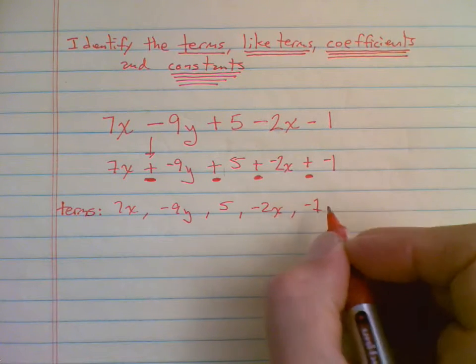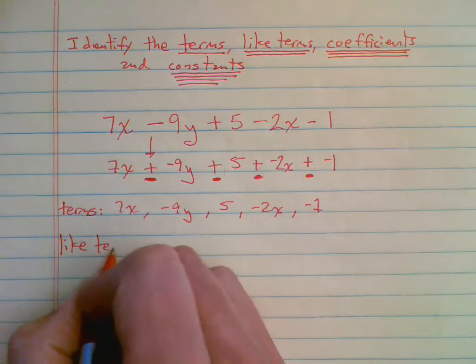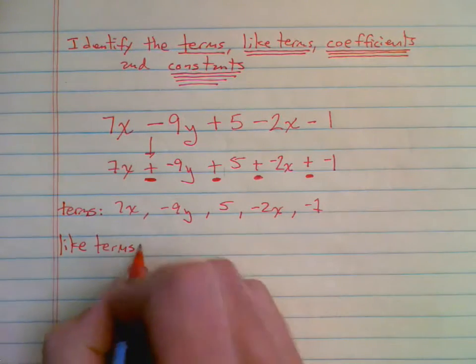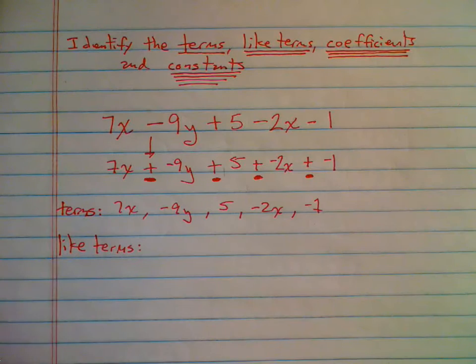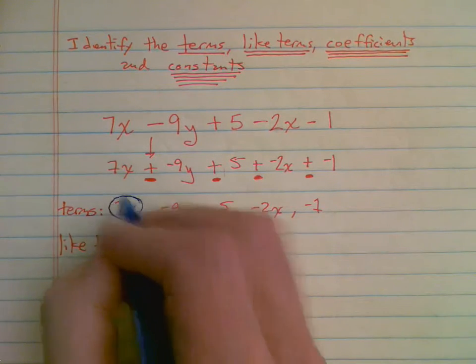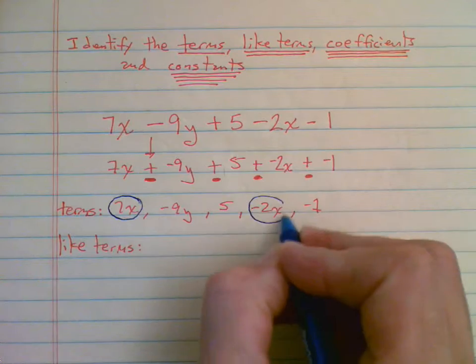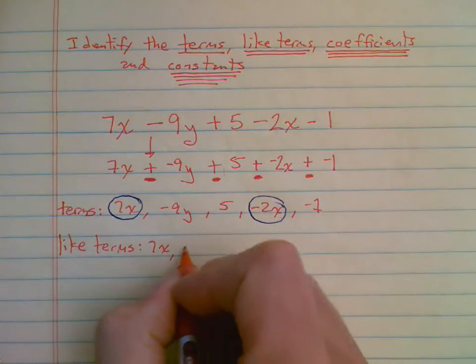Those are my terms. My like terms are any terms that I can combine, and they have to have the same variable and the same exponents. In this case, the only things that are like are I have a 7x here, and I have a negative 2x. Those are the same, so those are like terms, because those two things I can combine.